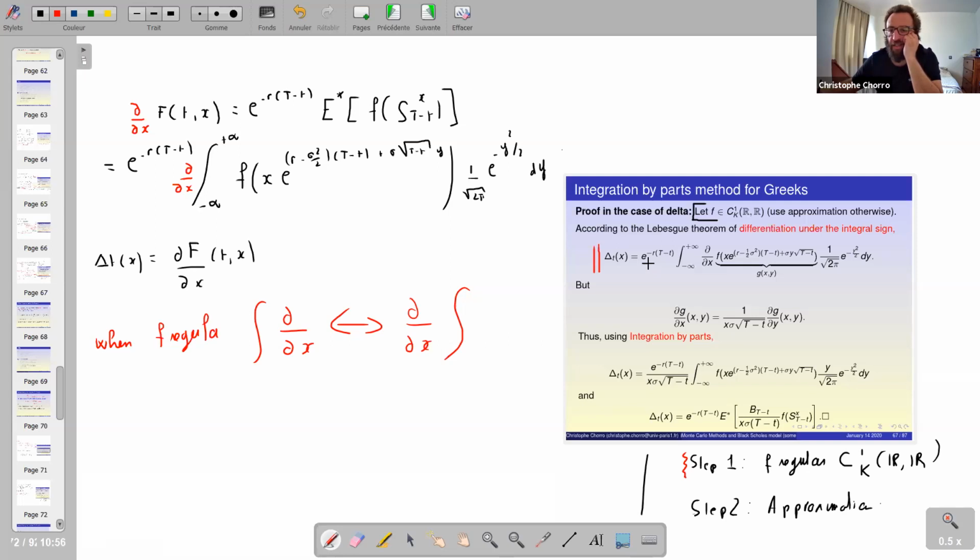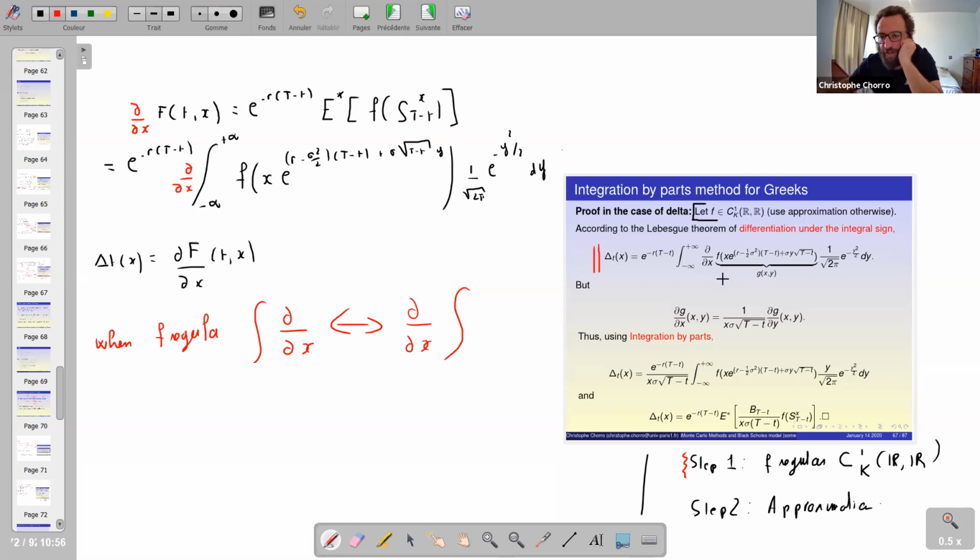And the idea is that we are going to do an integration by part. But be careful, because here I compute the derivative with respect to x, and here my variable of integration is y. So a priori, it's not what I do when I do an integration by part.